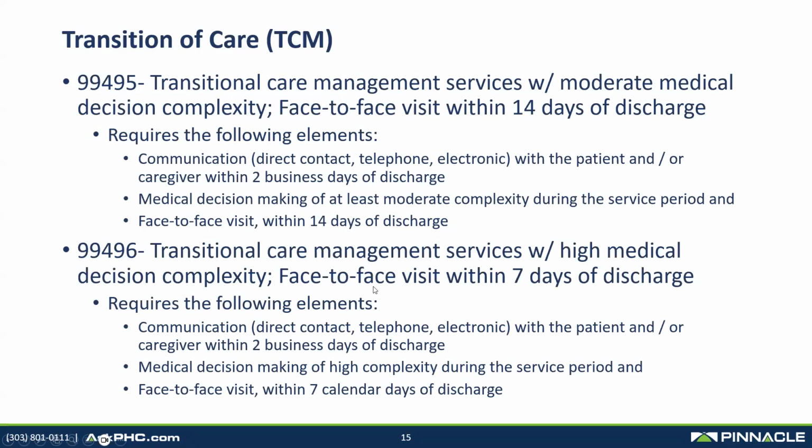Would that qualify? And can you bill the TCM, or would it be more proper to bill like a 99304, 5, or 6 as a new admission code, or even an existing code? So just wondering, can you do TCM on people that are not coming to the outpatient clinic and going home after the transition? They're going back to a long-term facility. Is that allowed?